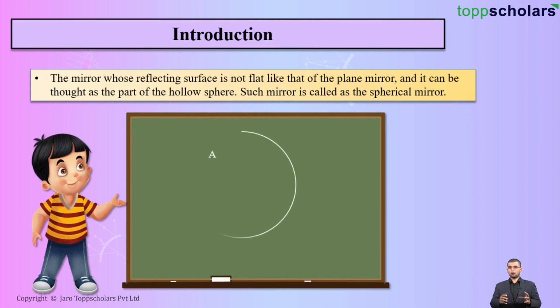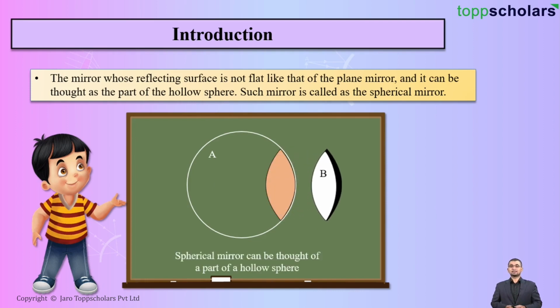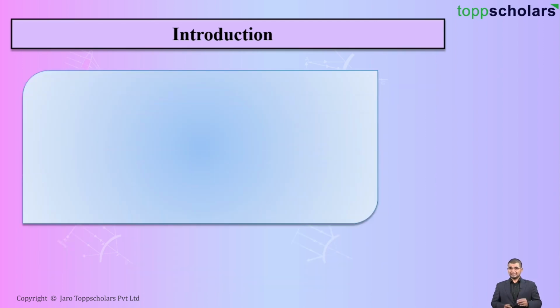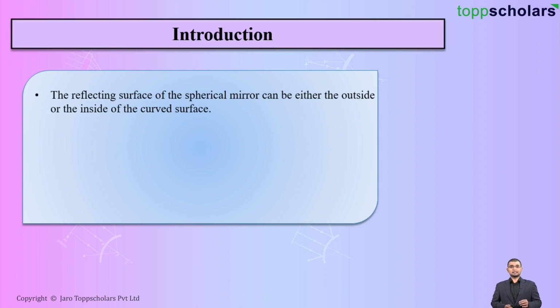If you consider a hollow sphere A and you break apart B of it, this part can be considered as a spherical mirror. Now students, this spherical mirror can be of two types, depending on whether the reflecting surface is on the outside or on the inside of the curved surface.